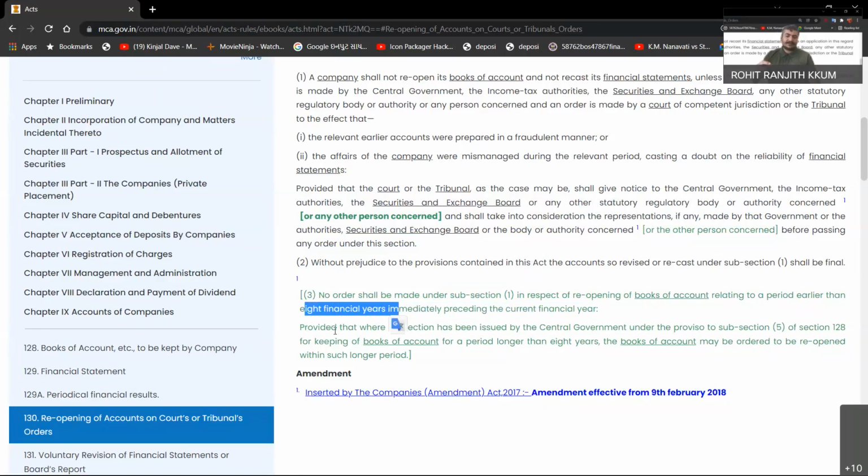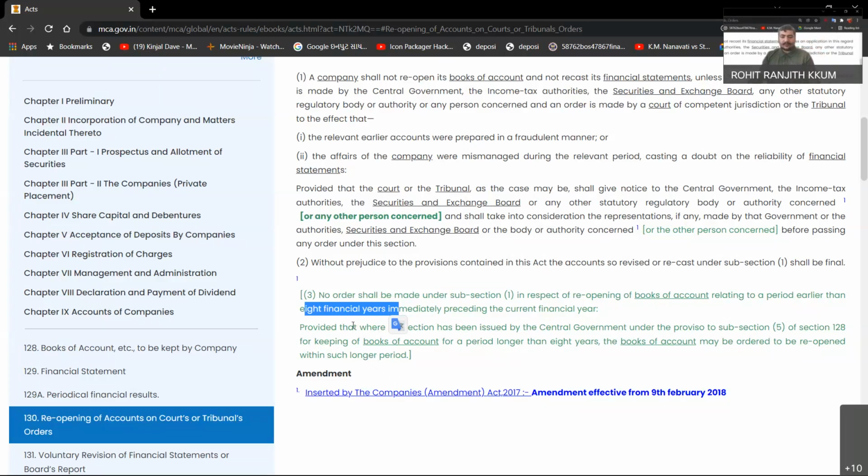Mahima, I think this paragraph is answering your doubt. Right? Somebody just wrote that doubt: what about the books of accounts above 8 years? So it should be within 8 years. Even the law under subsection 3 specifies that.